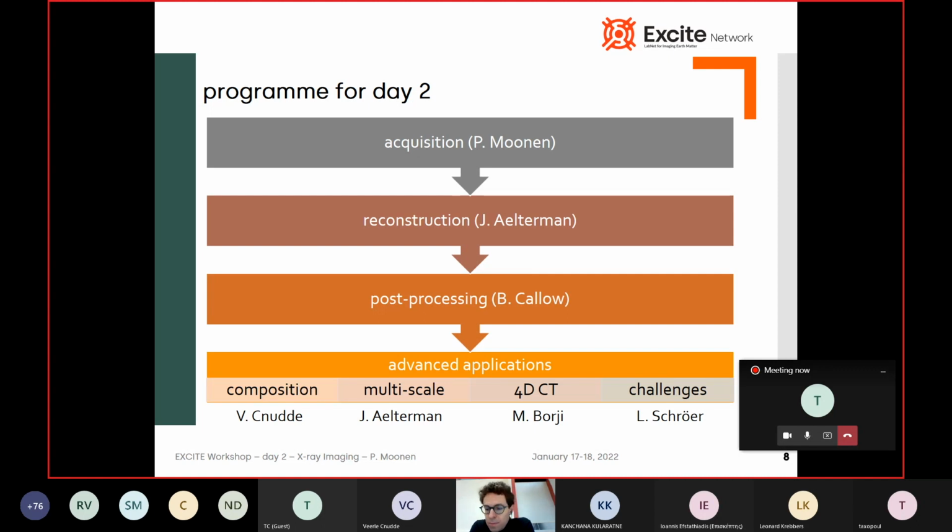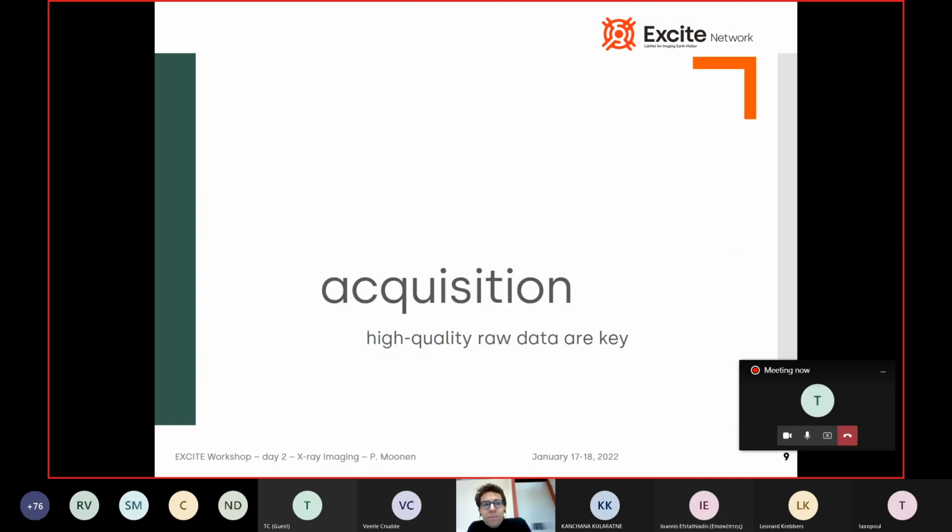So without further ado, I will speak about this very first section, which is about image acquisition. Acquisition is key because obtaining high quality raw data makes it much easier to do a good reconstruction and also much easier to do post-processing afterwards and get a valid interpretation of your results. So acquisition is a point where you need to pay some attention to.